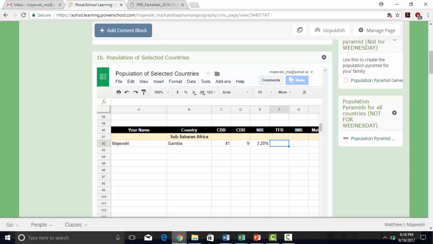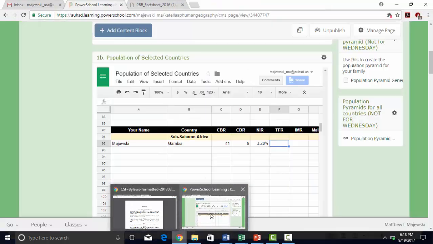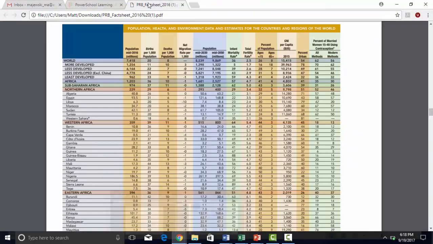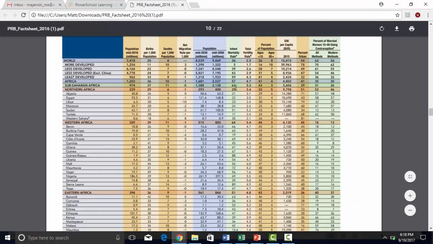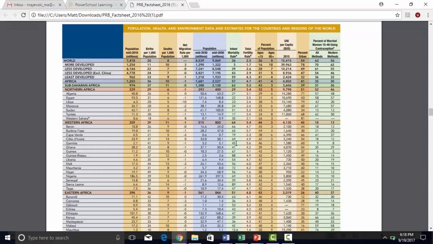And then I can go back to the fact sheet again. The next thing it asks for is infant mortality rate and total fertility. So here's infant mortality, here's total fertility. We come across from the Gambia, right? The infant mortality rate there is 45.